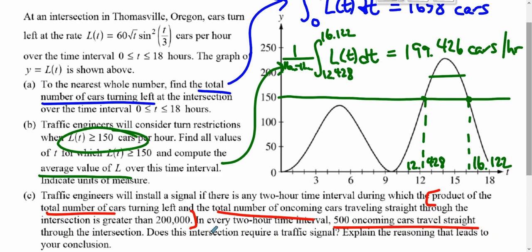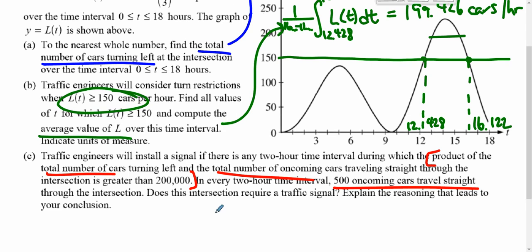I don't know why the folks in New Jersey thought to obscure this in this way, but all this means is that the integral from some point to some other point has to be bigger than or equal to 400, because 400 times 500 is 200,000. So if we can find an integral from some number to some other number that's 2 hours ahead of that, and that integral is greater than or equal to 400, then this product will be greater than 200,000, and yes, we need a traffic signal.